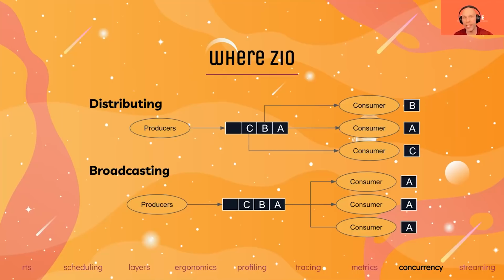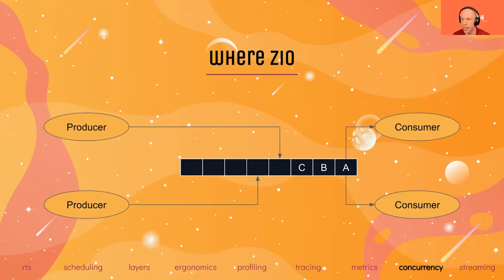And we knew we needed to design something that had the same caliber as ZQueue, but that was designed for the broadcast scenario. And so Adam Fraser came along and implemented something that's built on a ring buffer as well. And it's called ZHub. What ZHub gives us is the ability to write into a ring buffer: one or more producers write into a ring buffer, and all of the consumers read from that ring buffer.